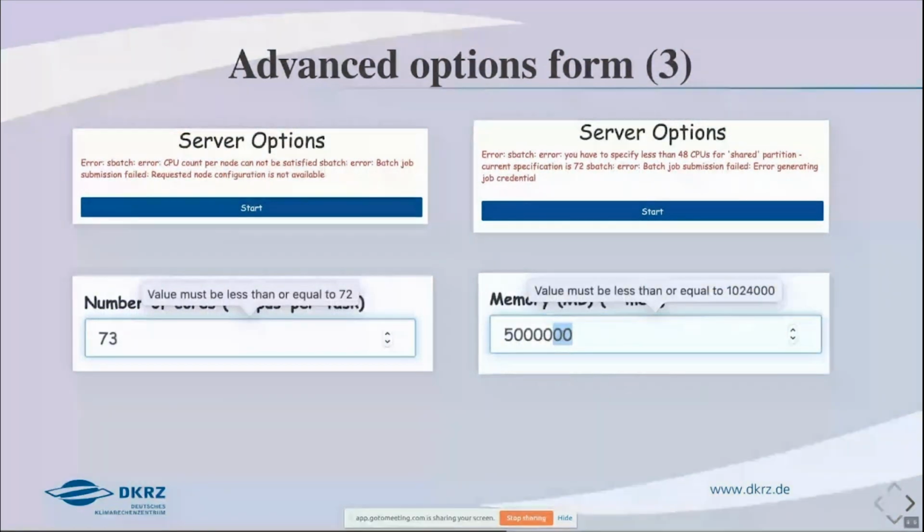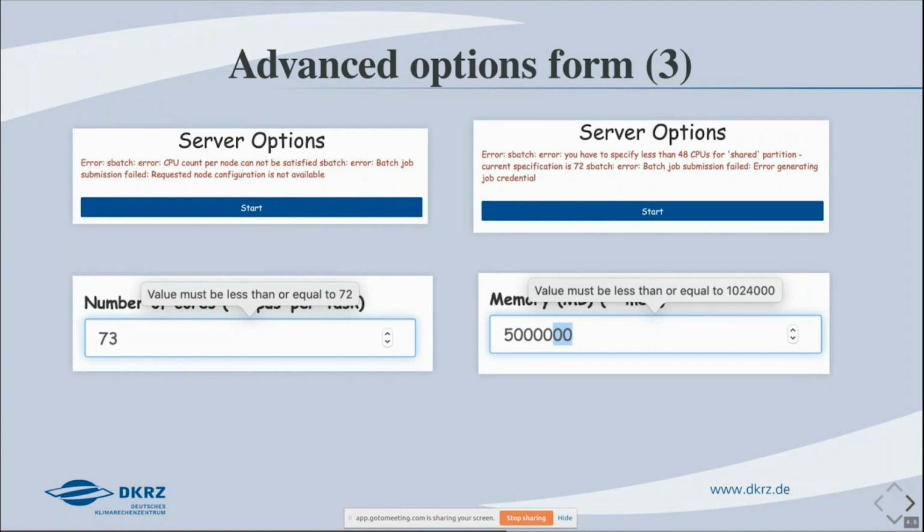Most of the errors that you might see with the advanced spawner are due to misconfiguration of the Slurm parameters. In this case, you will see something like this: an SBatch error. For some fields, there is information about the origin of the error, for example if you enter a wrong value for the number of cores or memory.